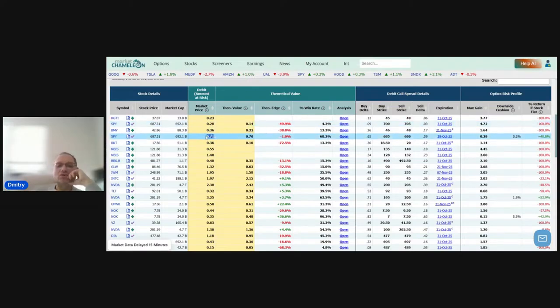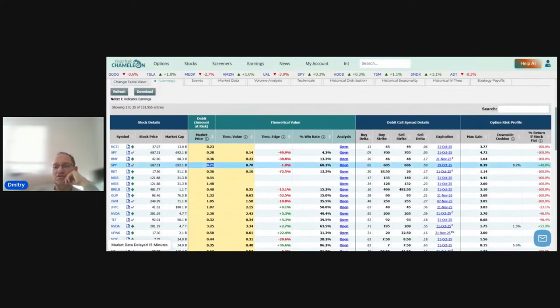The offer is 71 cents. If you're risking 71 cents, potentially the spread could be worth $1 at expiration if the stock's above 686. That's a 40% return. You're risking 71 cents to make 29 cents, a 40.8% return on the amount at risk.